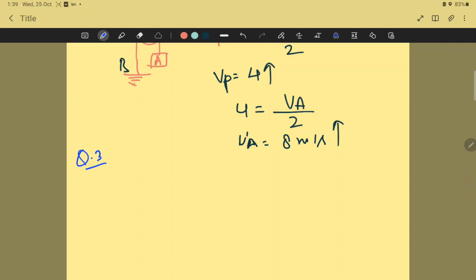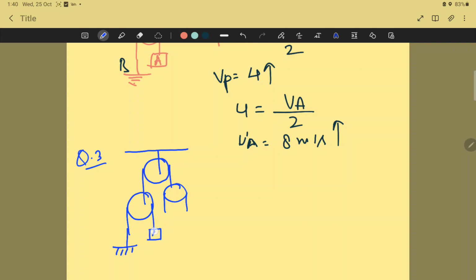Now let's do one more quickly. Block, and this is connected with the earth surface, and A is moving 4 meter per second, and let's say B is moving with 3 meter per second.